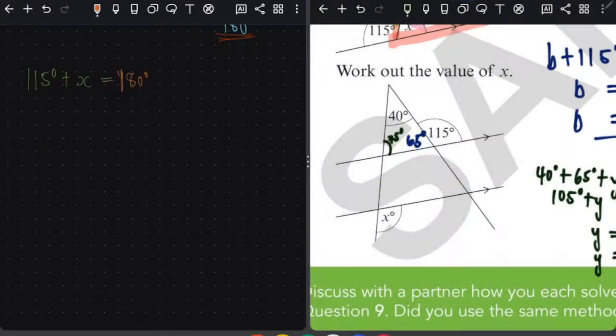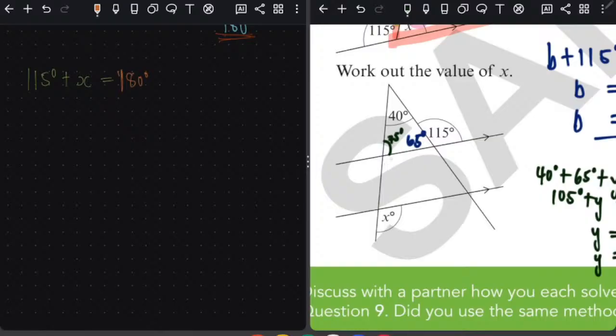If I know 75, what can I find? No. If I know 75, what can I find? The other side.